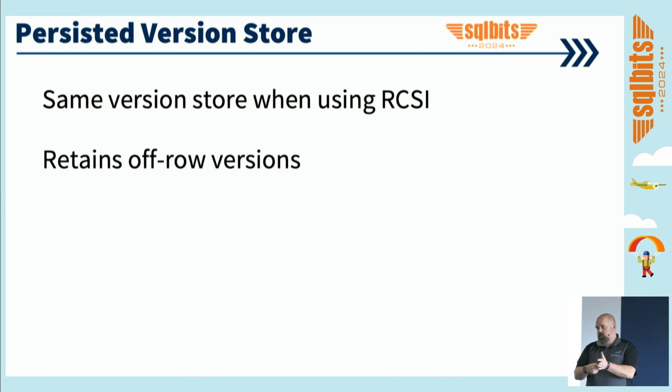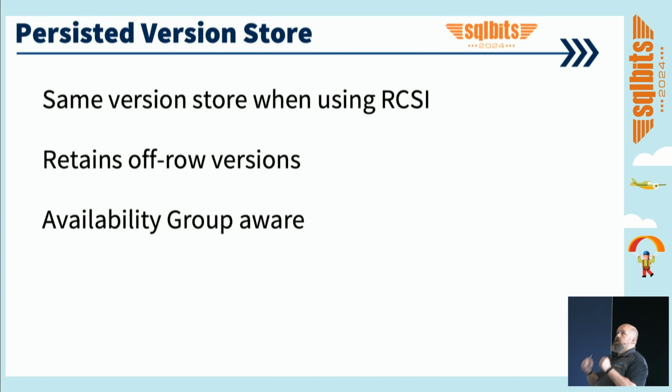Will you see your user database grow? Yes. How much? No clue. It all depends on how much data you have and how much data churn you keep. Right? If you churn through data like clockwork, your version store can grow, and your database will grow along with it. So just keep that in mind, too. When you go to enable this, you probably should monitor for database growth and anything that's out of whack, right?